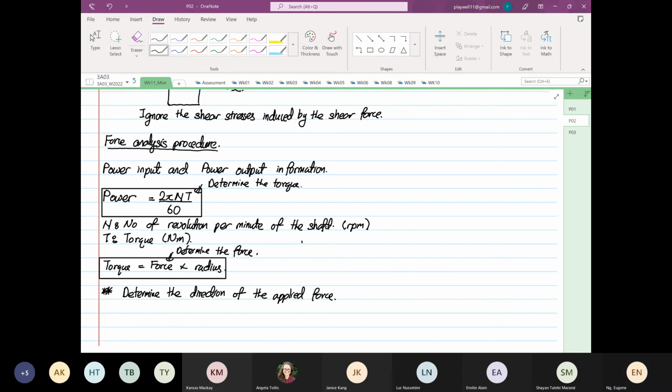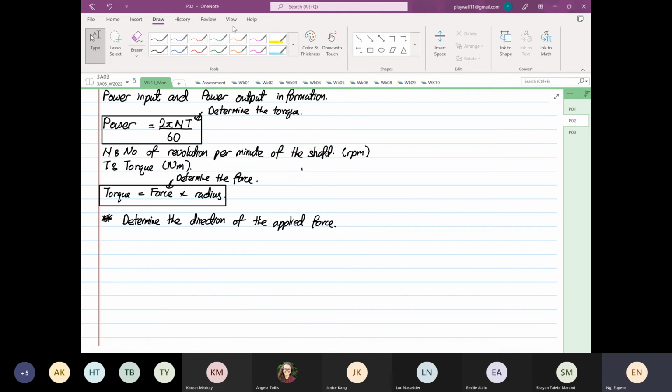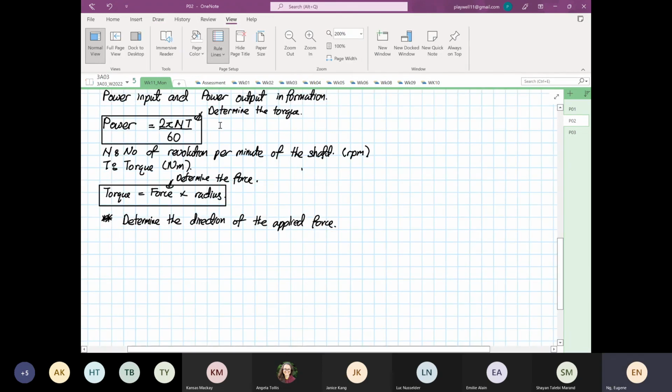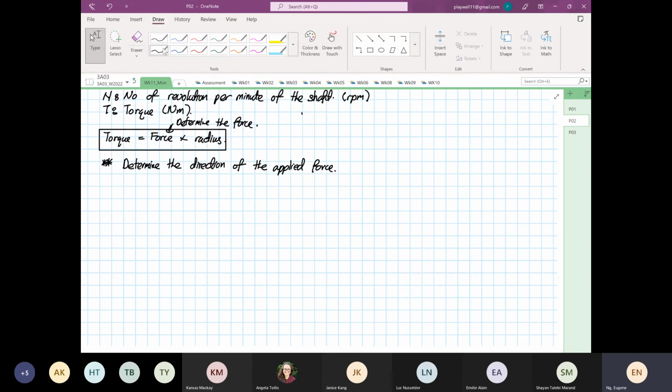Now I'm going to draw two circles. And we have to get this right, because if we don't get this right, we will have problems. Then you say, get what right?